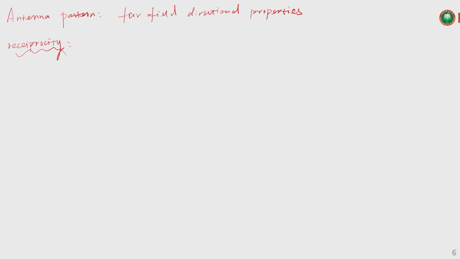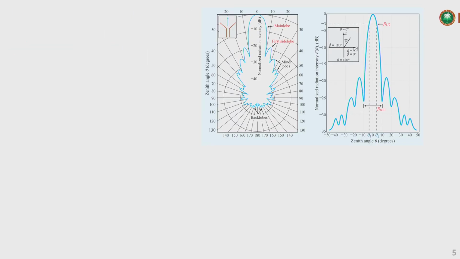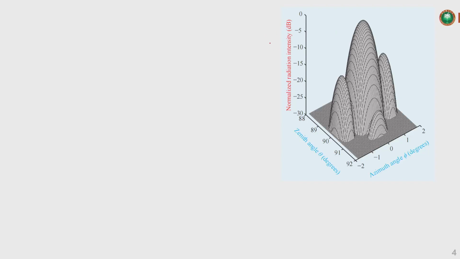So in general, the antenna pattern, or we can also call it radiation pattern, is a three-dimensional plot. And it displays the strength of the radiated field or the power density as a function of the direction. So it looks like this one. It's three-dimensional, and if it is along the zenith angle, from this range to this range, we can take a plot like this one.